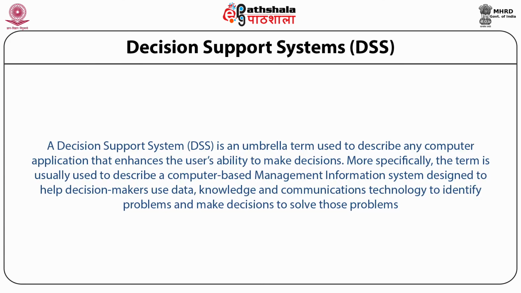More specifically, the term is usually used to describe a computer-based management information system designed to help decision makers use data, knowledge, and communications technology to identify problems and take decisions to solve these problems.